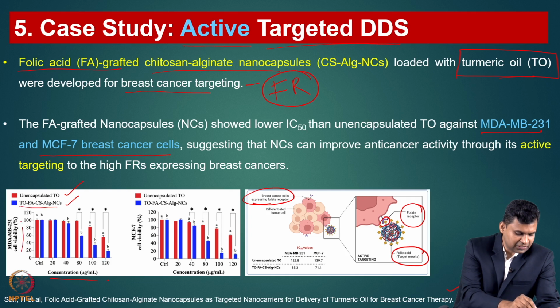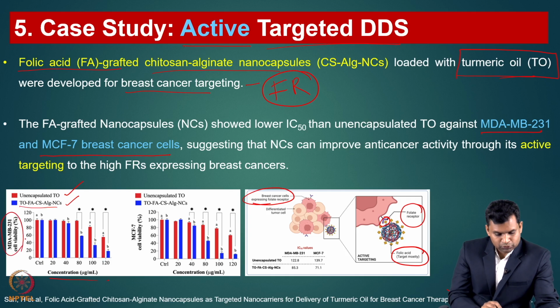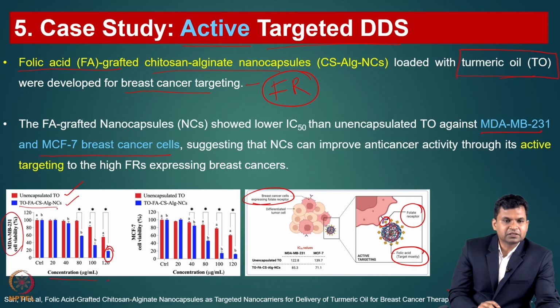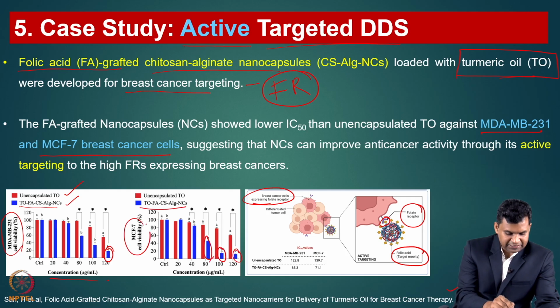Now, here you can see the MDA-MB-231 breast cancer cells responding very highly to the targeted turmeric oil. A similar type of effect we see in the MCF cell lines.